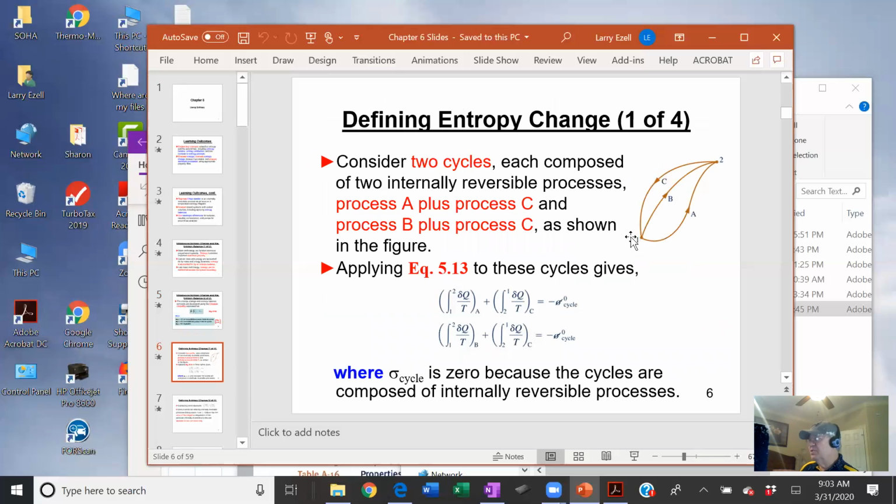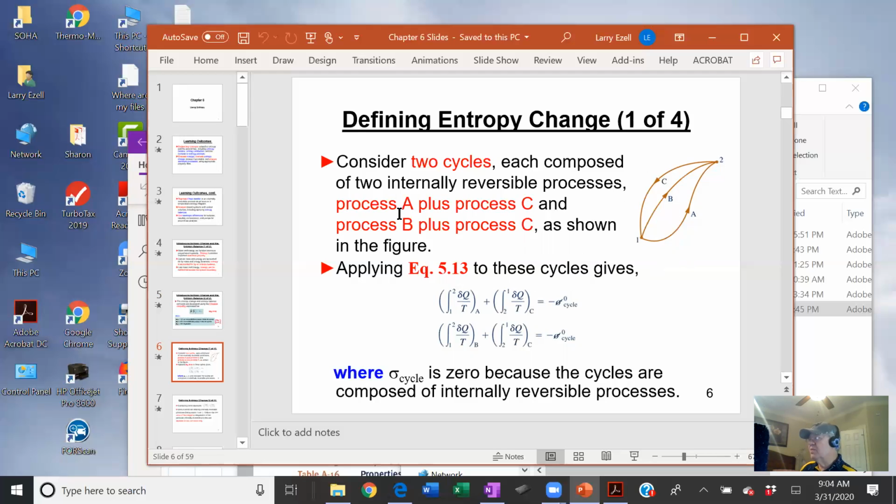This diagram, if you just follow it, shows that entropy is a property. So let's look at it. Consider these two cycles. Process A, you go through A and come back through C. These are two reversible processes.